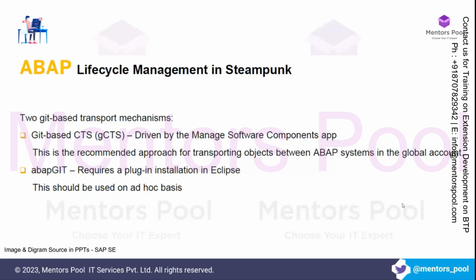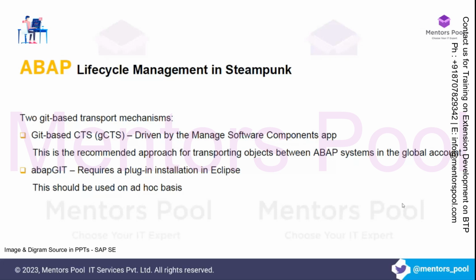For lifecycle management of any application or extension developed on SAP ABAP on cloud, we can use Git-based CTS or GCTS to manage the extension code or ABAP code. It can also be used for code review and transformation of ABAP code and transportation. There is another tool called ABAP Git available.